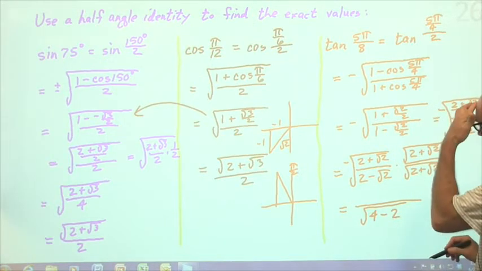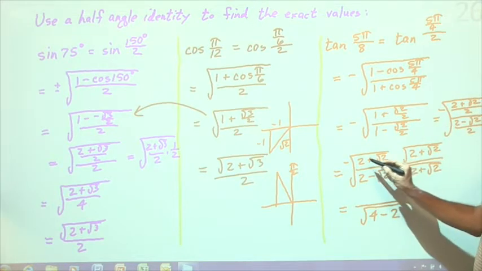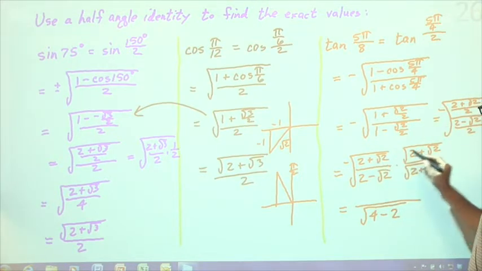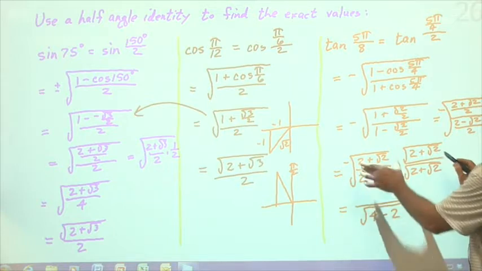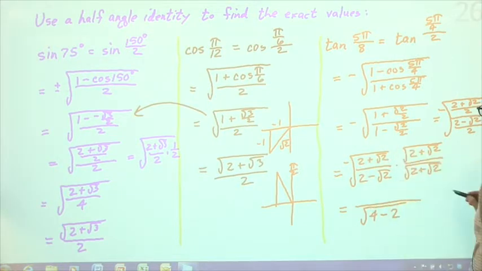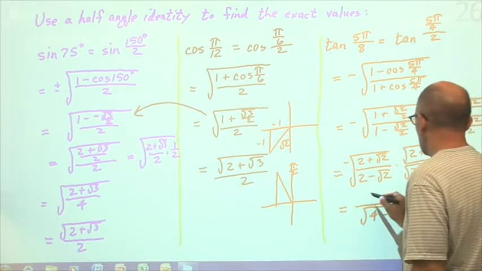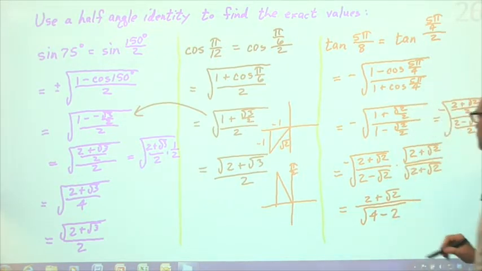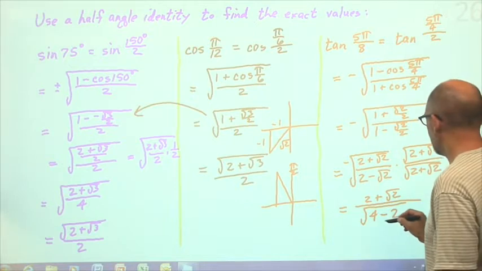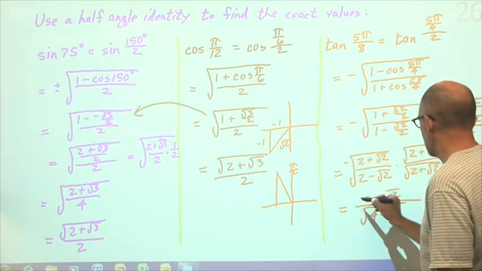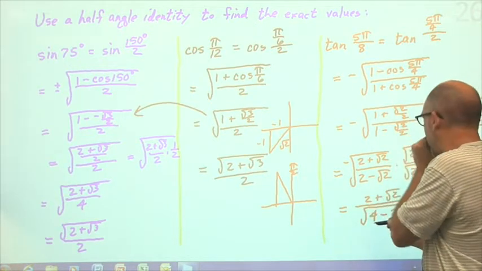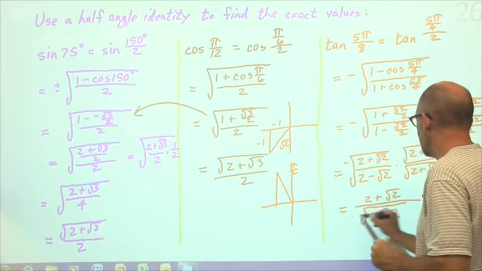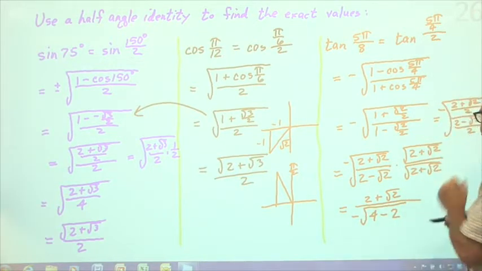And on top, we have square root 2 plus square root 2, times square root 2 plus square root 2. So the square root times the square root is just going to be 2 plus square root 2. And the whole thing is negative. Let's just put the negative down here.